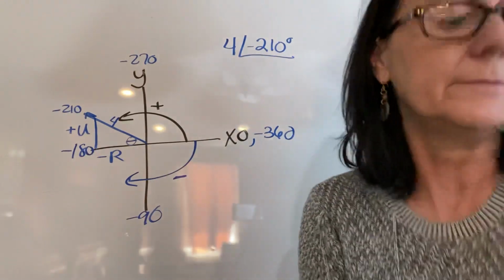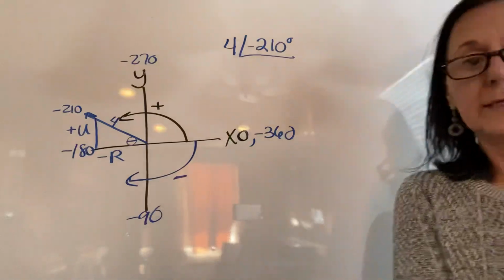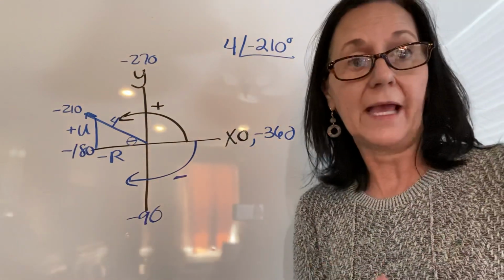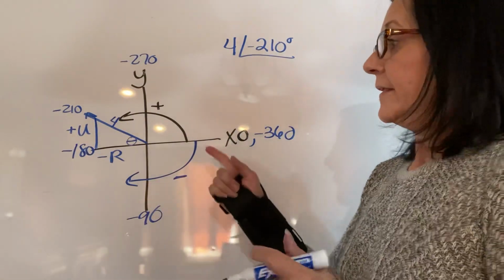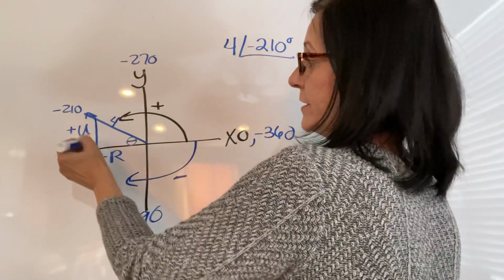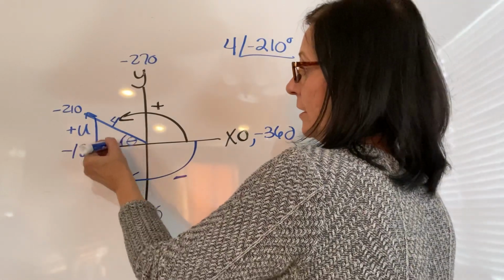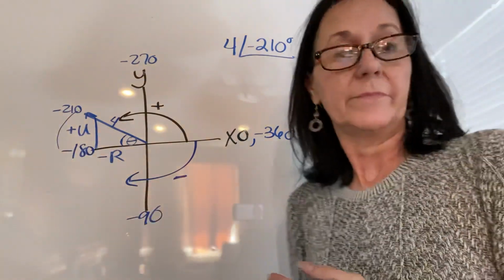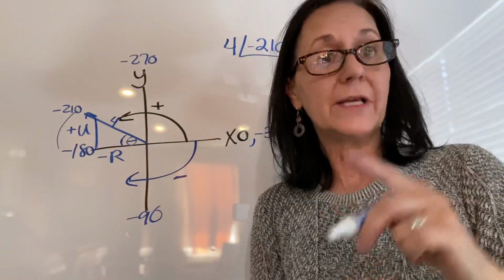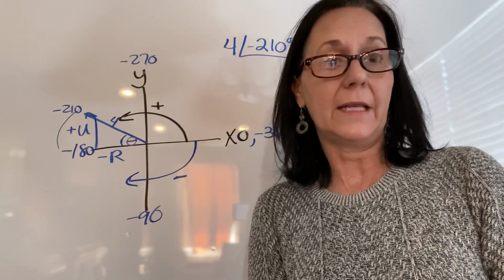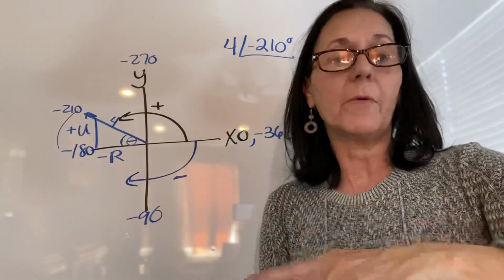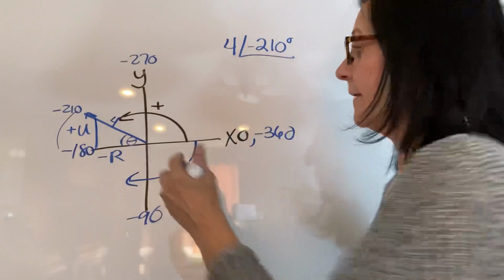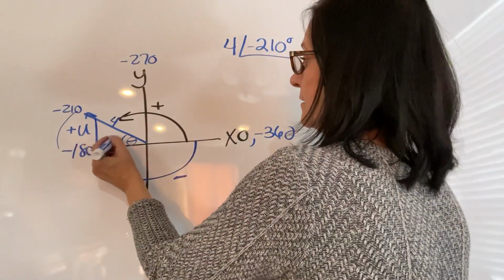All right, but I have to decide the angle. The angle is going to be this angle here, which is the distance from 210 to 180. So I subtracted 210 minus 180. Or how far do I have to go from 180 to get to 210? And that's 30 degrees.